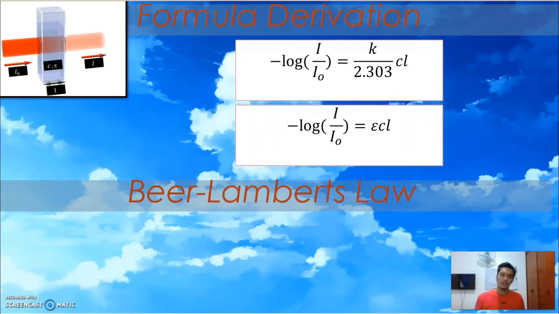So in short, Pierre Bouguer demonstrated his observation through the sky, or through astronomy, or through light intensity. However, what Beer and Lambert did was specifically chemistry. So that's why the law is named after Beer and Lambert, hence Beer-Lambert's law.